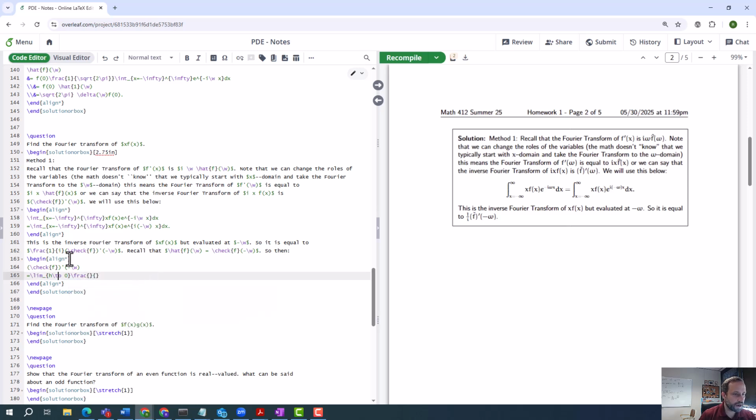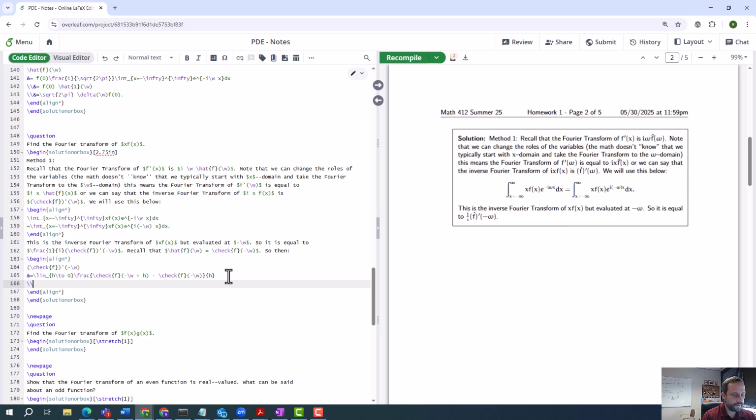Up here we're evaluating the derivative at minus omega, so I'm going to have a minus omega here, minus, and then minus omega here, over h. I'm just going to make this multiple lines. Now this is the limit as h goes to 0.